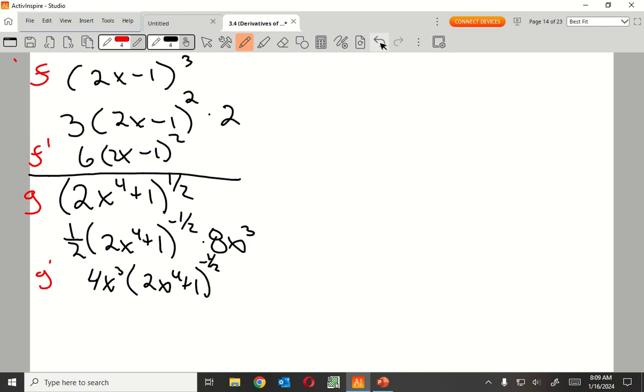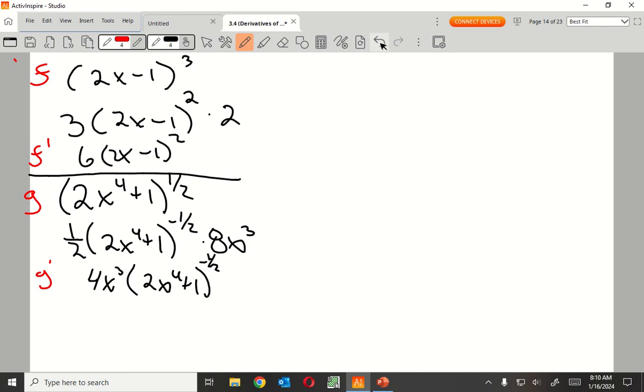So every time it asks for f prime, I need the derivative of my product rule. So I'm going to go through and I'm going to do my product rule to figure out what this is.